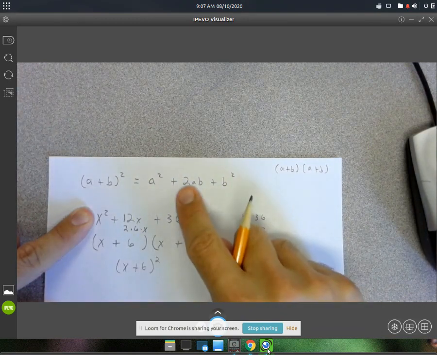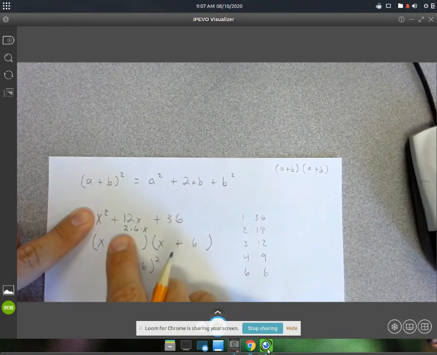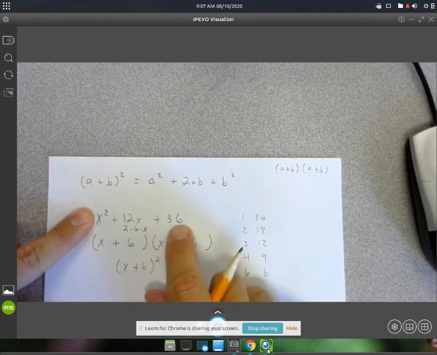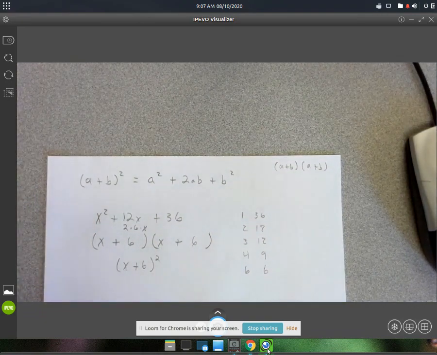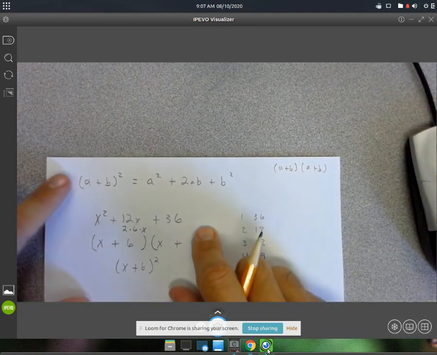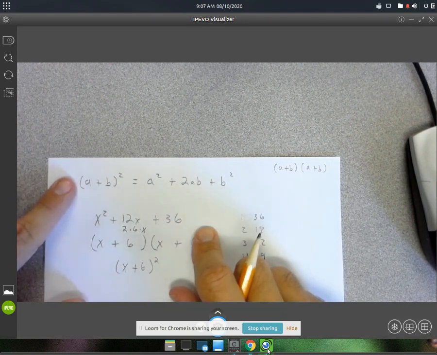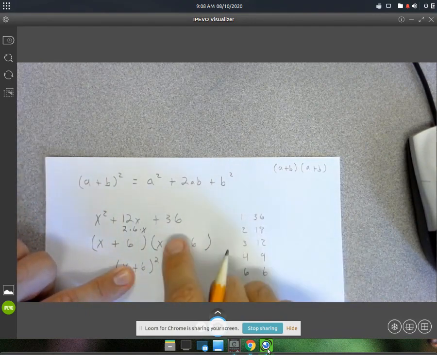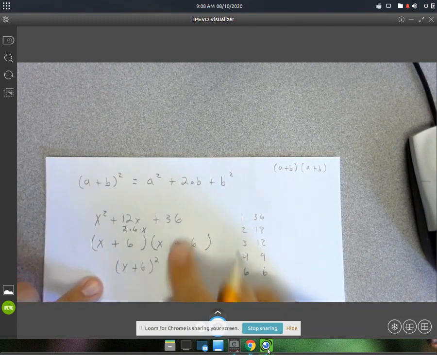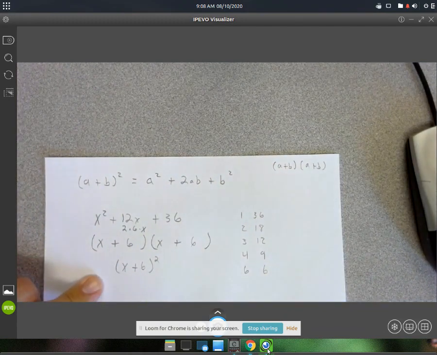All right, that's the 2ab part right there. 2 times, this is the b, which is 6 times 6 is 36, and then the a is the x. And because you notice that it's written like that, you can write it in this form, where it's the first number, x, plus the last number, which is 6. All right, that was the 6 times 6 part, and then all of that stuff to the second power.